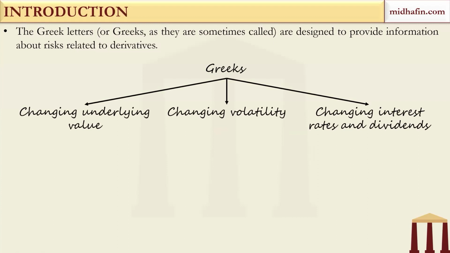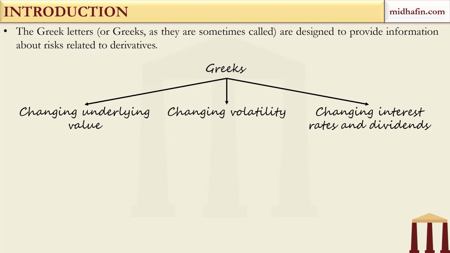Risk-free rates or dividends. There is one more thing, time to maturity. But as I said, there is no uncertainty about the passage of time, so it's technically not a risk. People are less concerned about changing time. They are more concerned about volatility and underlying value.